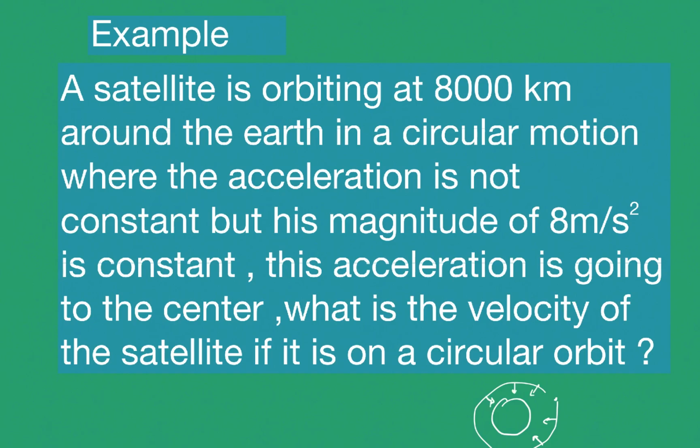This is a gravitational acceleration, so even if the magnitude of the acceleration is constant, the vector acceleration is not constant. So the question is, what is the magnitude of the velocity of the object that is performing the circular motion?